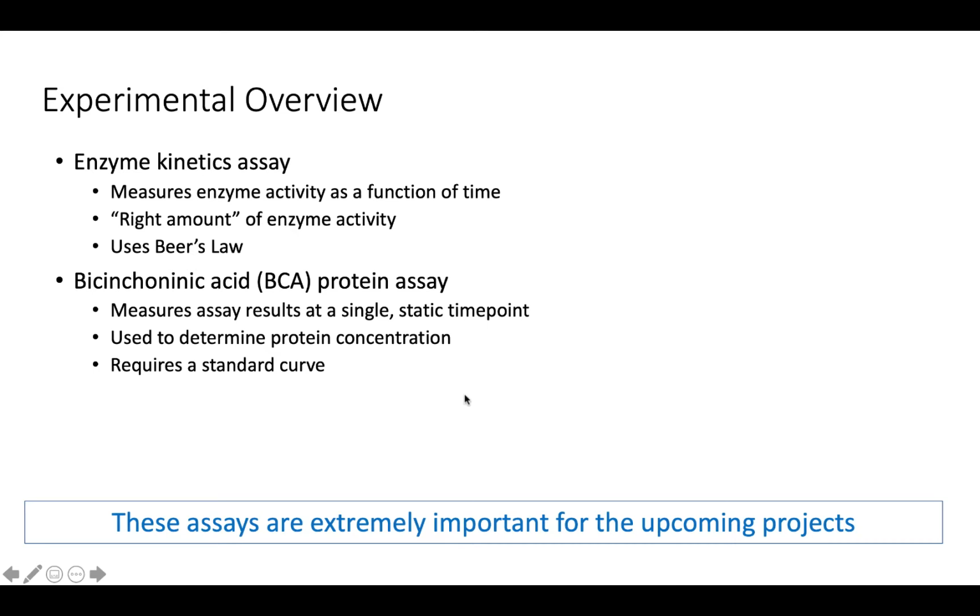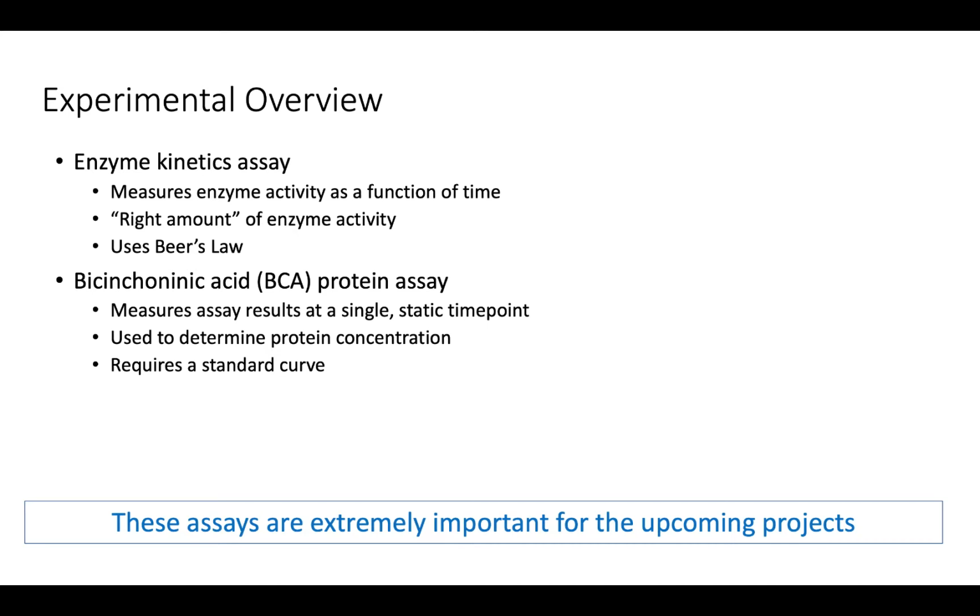So I have moved this skills lab to the very end of our skills lab set because it is so important for the upcoming projects. These two assays are going to be the workhorse for you as we go through purification to be measuring the purity of our product that we're purifying, along with the amount.